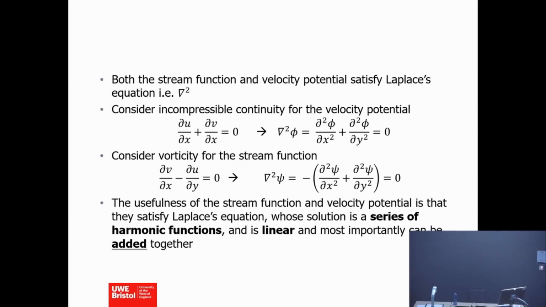It's a series of harmonics added together to make that complex noise that you're enjoying. It's the same way with flows. If you model the flow around an aircraft, you can create that from simple flows added together to make that complex picture. The only way you can do that is because in this potential flow model, phi and psi satisfy the Laplace equation. So it's linear, we can add things together. That's the very important property of these functions.